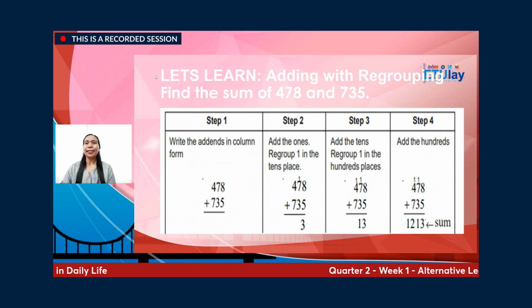Now let's learn adding with regrouping. Find the sum of 478 and 735. Follow the steps. First, write the addends in column form. 478 plus 735.